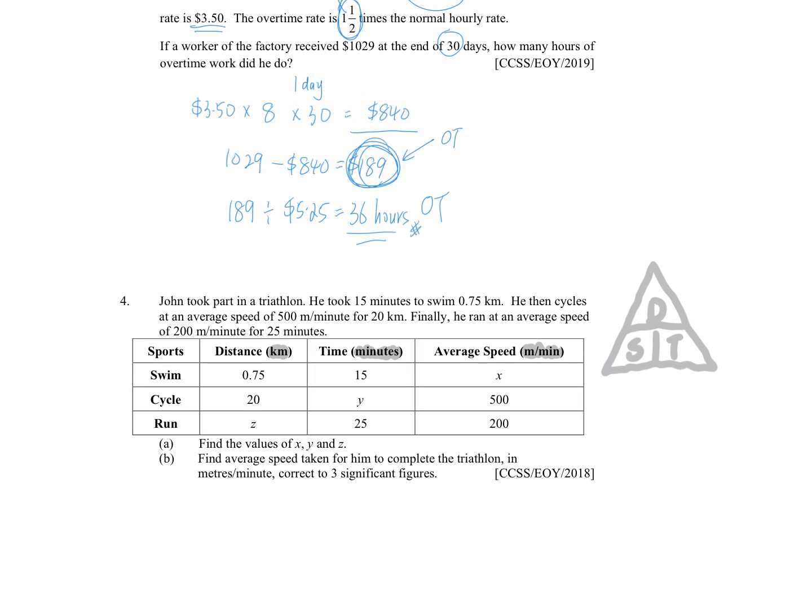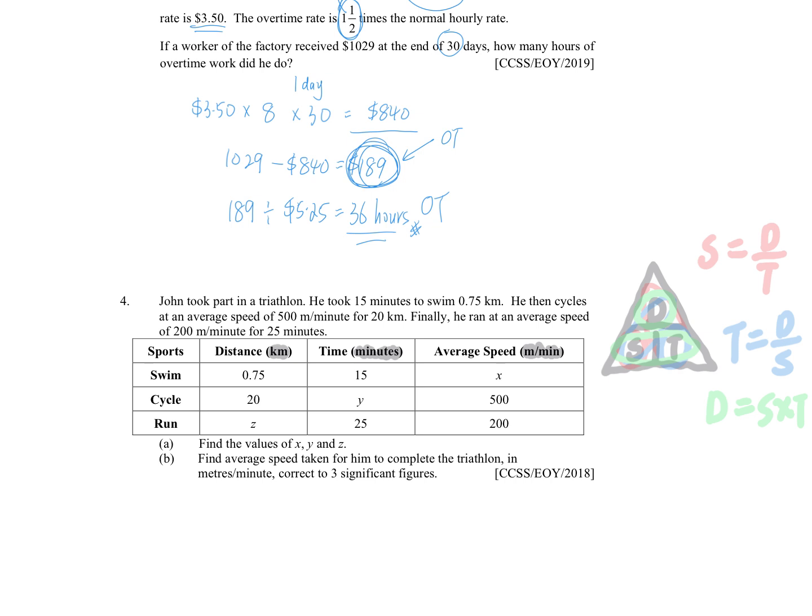So if you want to find speed, it is distance divided by time. If you want to find time, it is distance divided by speed. If you want to find distance, it is speed times time. So these three must be right.